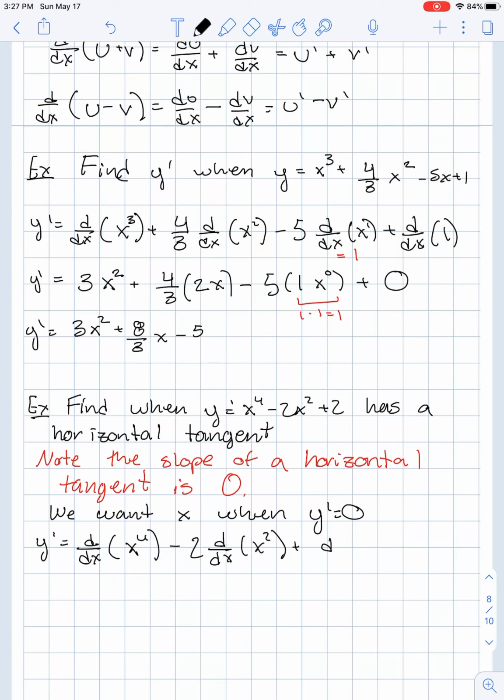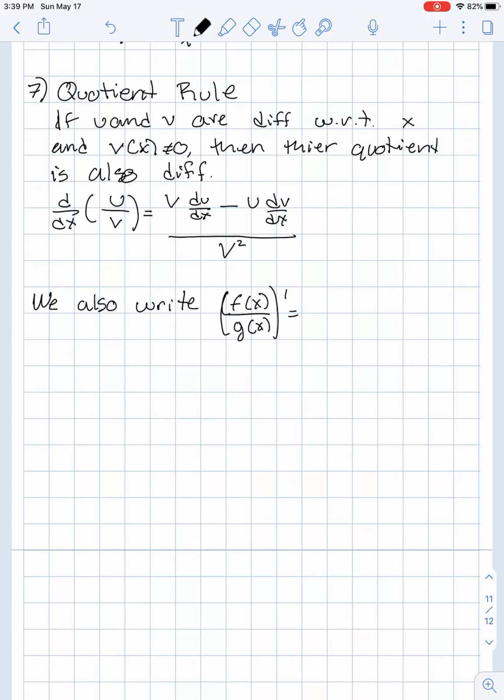So yeah, f of x divided by g of x, prime, will equal g of x times f prime of x minus f of x times g prime of x, over g of x squared. Okay, cool. So this one, order matters because there's that negative right there, right? So this negative is very, very important.